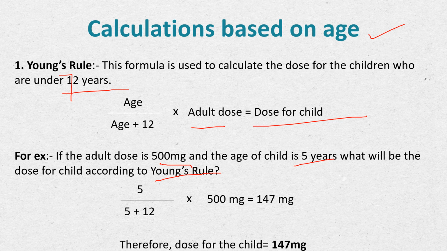Age is equal to 5, so 5 upon 5 plus 12, multiplied by the adult dose. Here we'll take 500 mg as the adult dose, and after calculation we'll get the answer, that is 147 mg. Therefore the dose of the child is 147 mg.